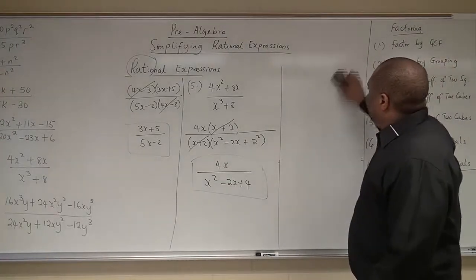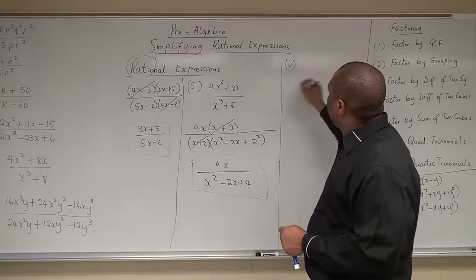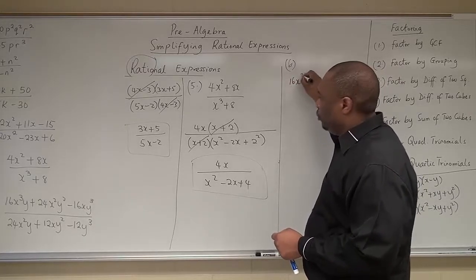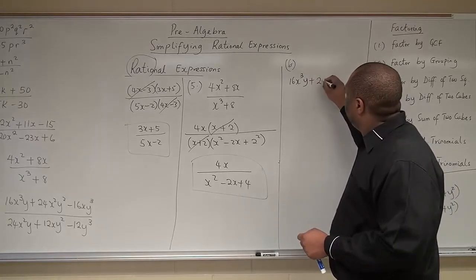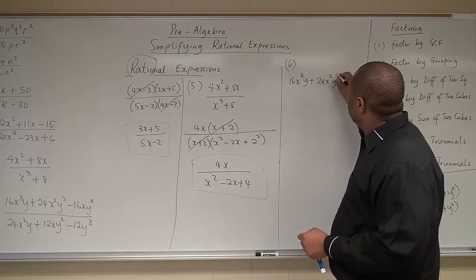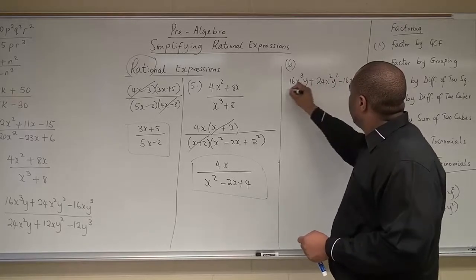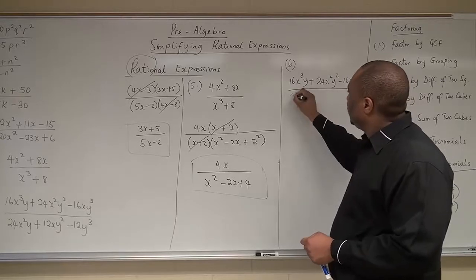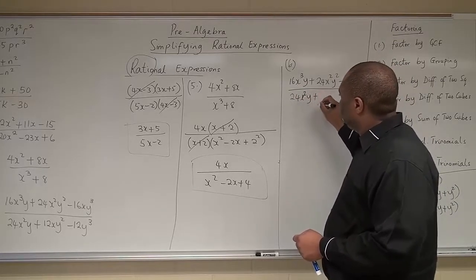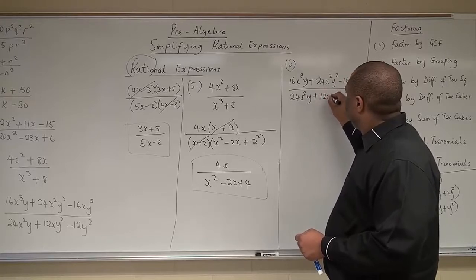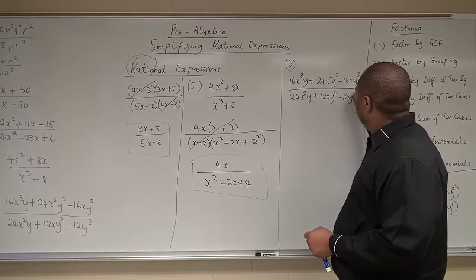Okay, question 6. We have 16x cubed y plus 24x squared y squared minus 16xy cubed all over 24x squared y plus 12xy squared minus 12y cubed.